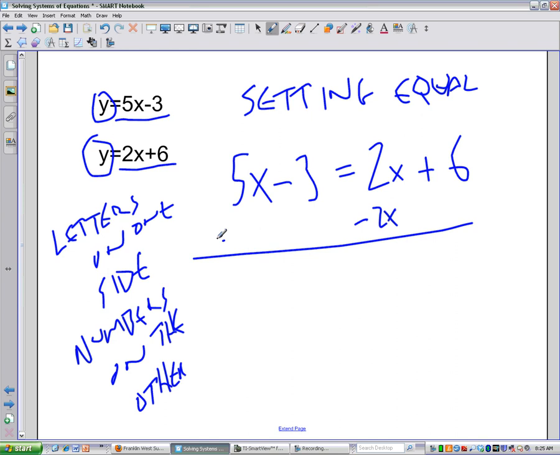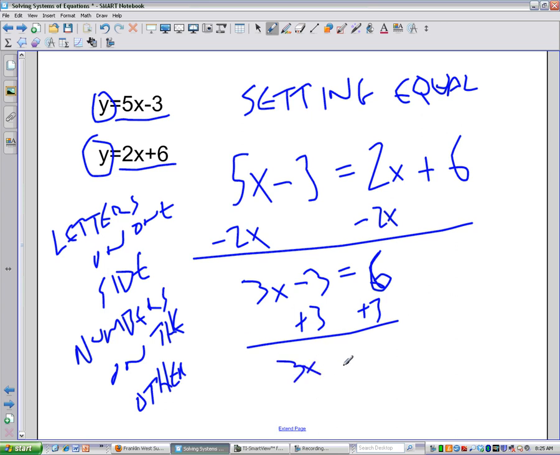Subtract 2x from both sides: 3x minus 3 equals 6. From here, it's easy. We add 3 to both sides: 3x equals 9. Divide by 3, divide by 3, x equals 3.